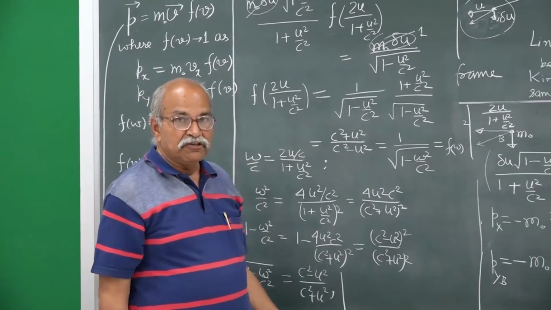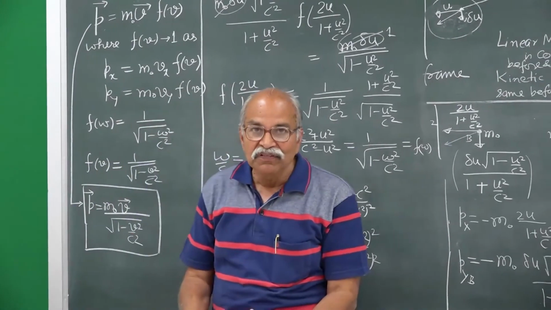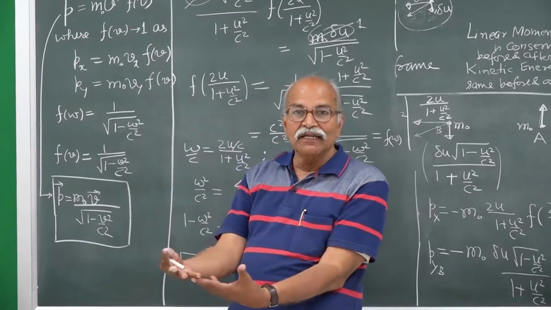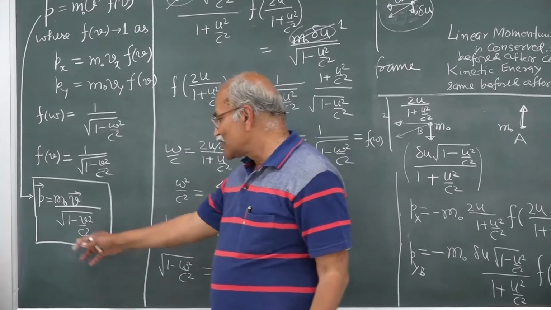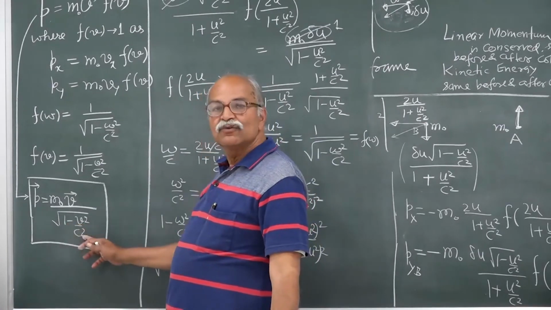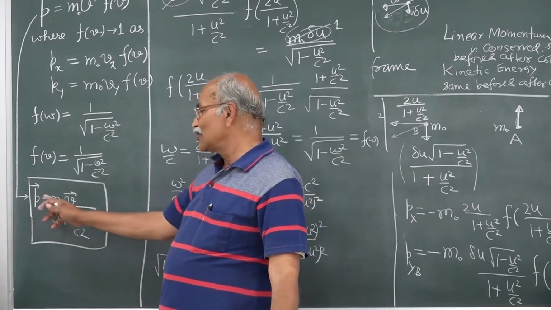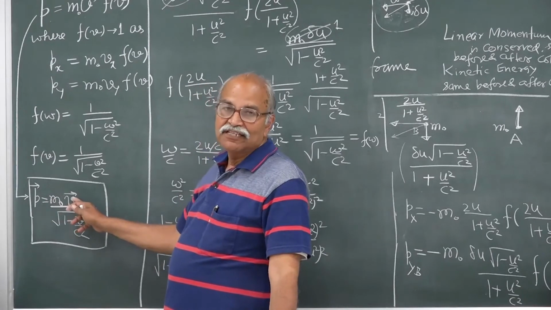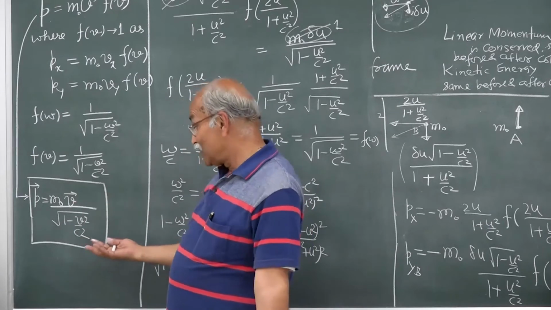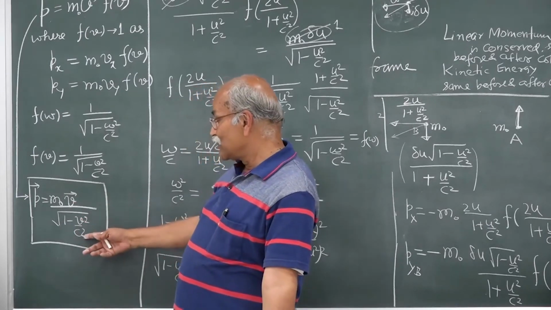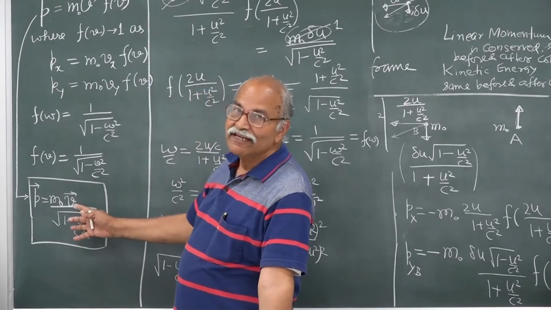So, if the speed of the particle is much smaller than c, then this denominator will tend towards 1 and you get back your original definition of linear momentum. And if speed is not negligible as compared to c, then you must take care of this.